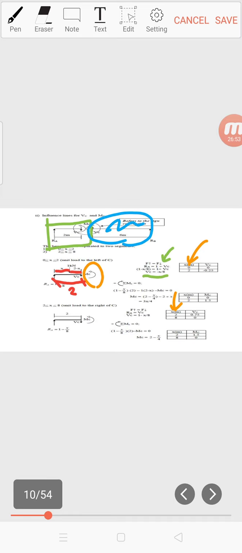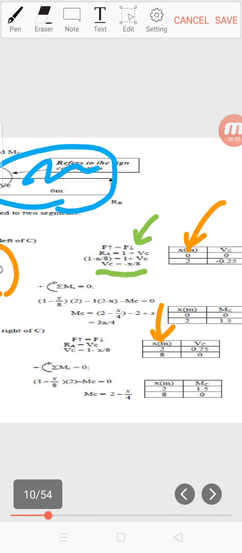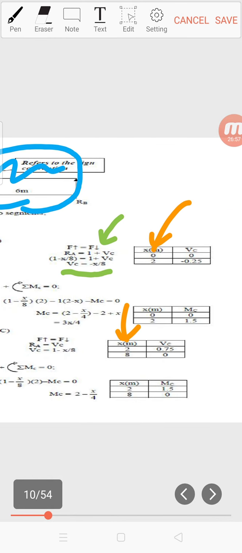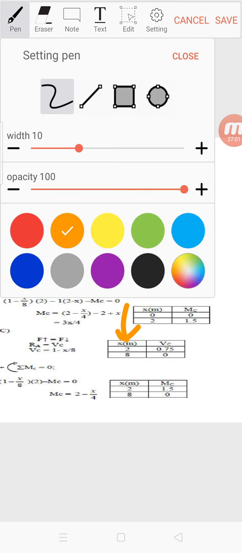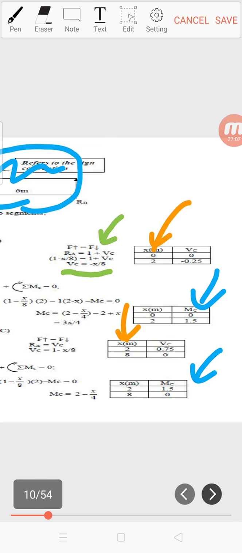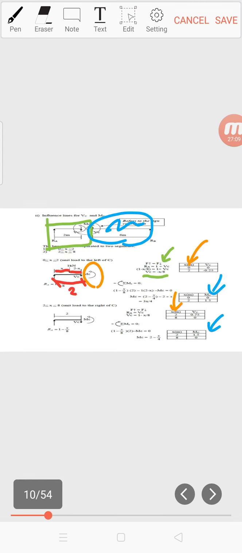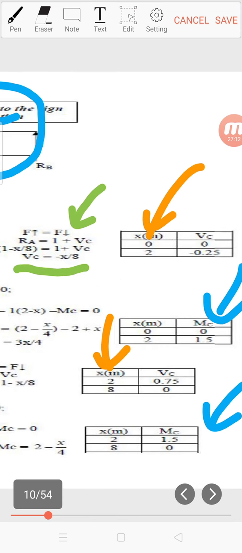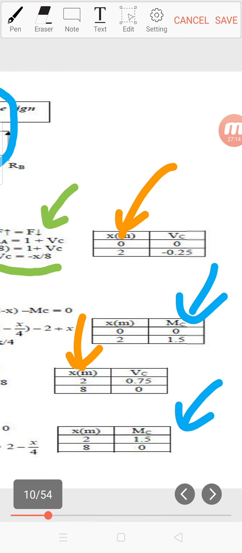In a similar manner, we refer to the table for moment, from the first table here and then from the second table here. Let's see the value: at 2, 1.5 and 1.5.